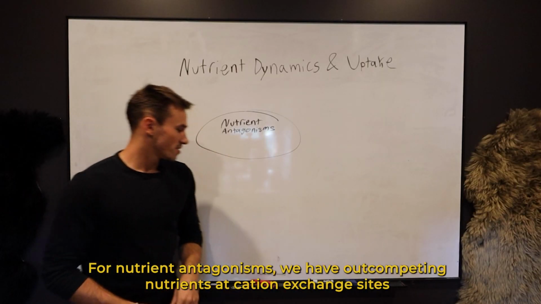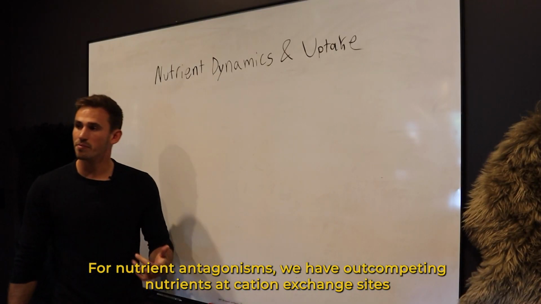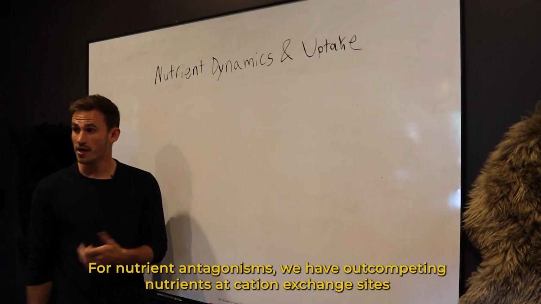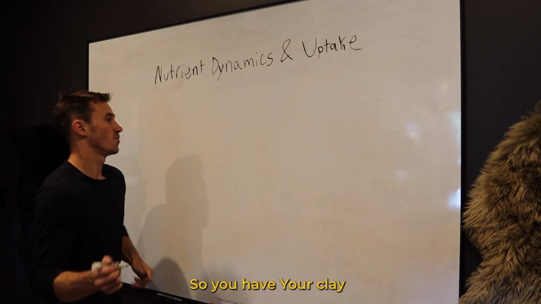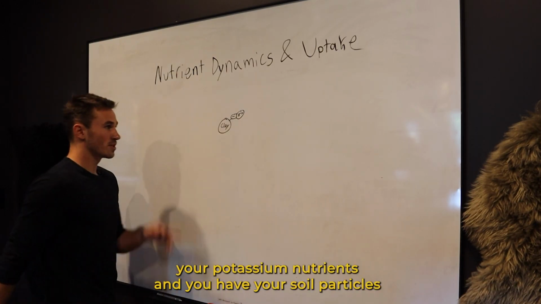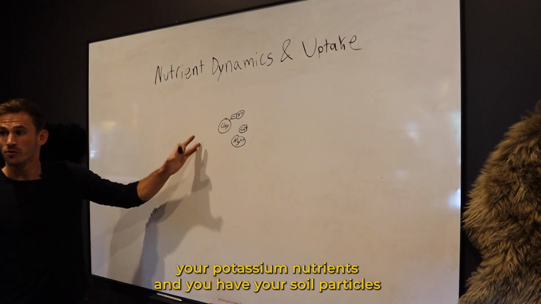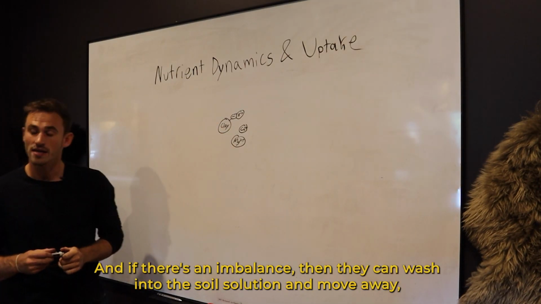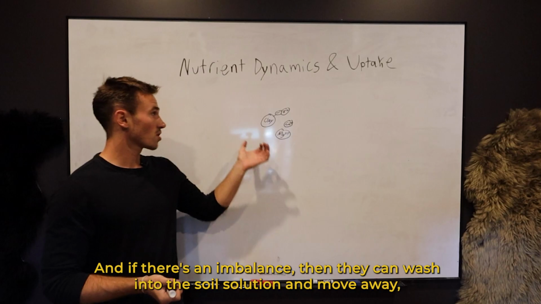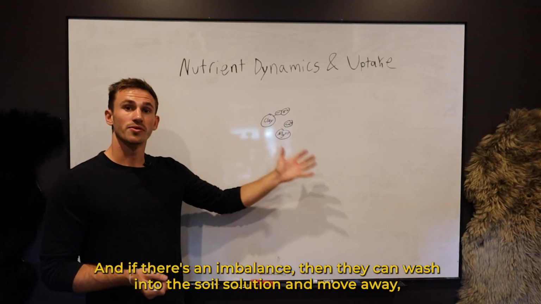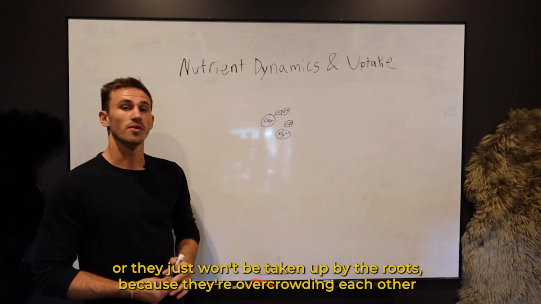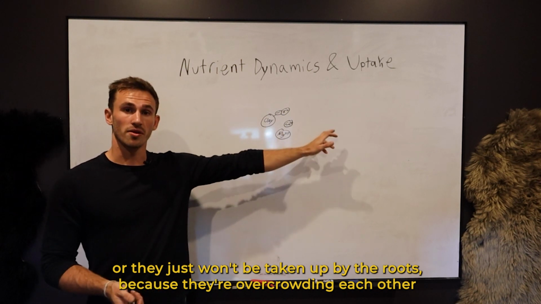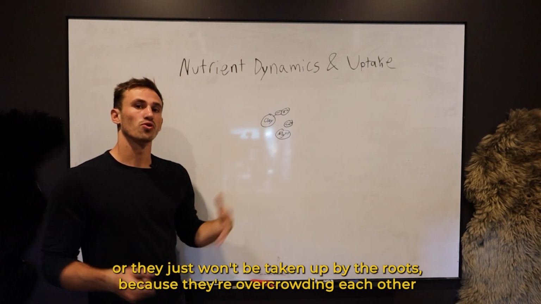For nutrient antagonisms, we have outcompeting nutrients at cation exchange sites. So you have your clay, your potassium nutrients, and you have your soil particles. And if there's an imbalance, then they can wash into the soil solution and move away, or they just won't be taken up by the roots because they're overcrowding each other.